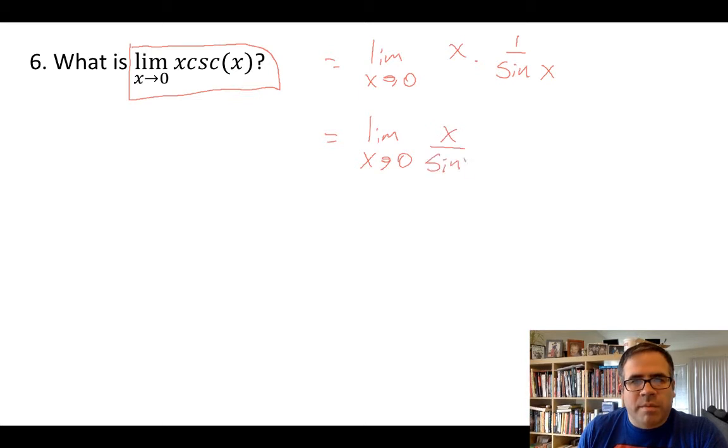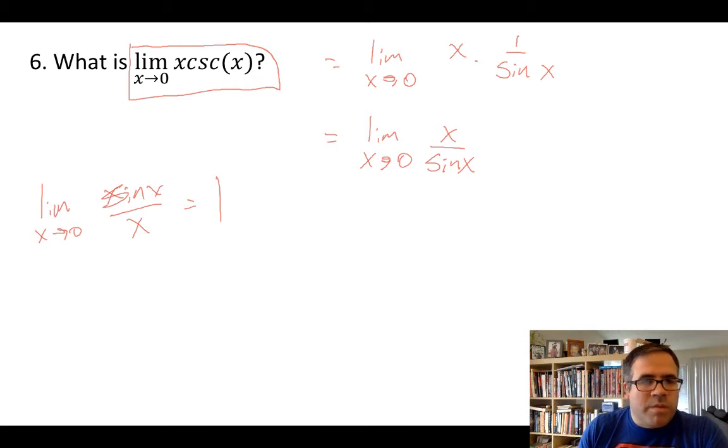Now at this point, if you don't remember this limit, that's about as far as you can go with the tools we have right now. There's one tool that you will get to second semester that will allow us to go further on this, but right now you just need to remember a particular limit, that the limit as x goes to 0 of sine x over x equals 1.